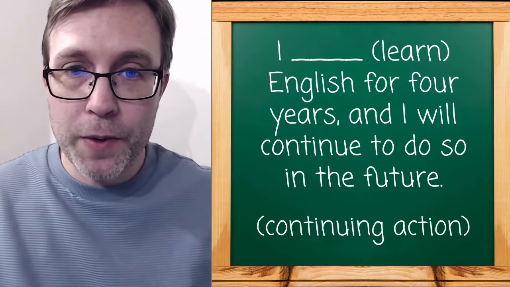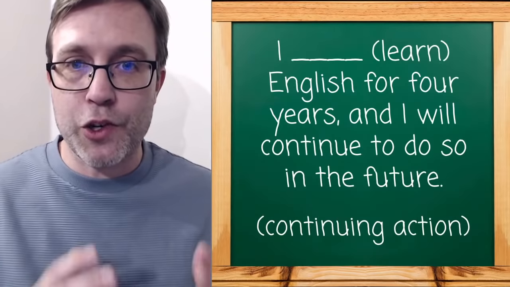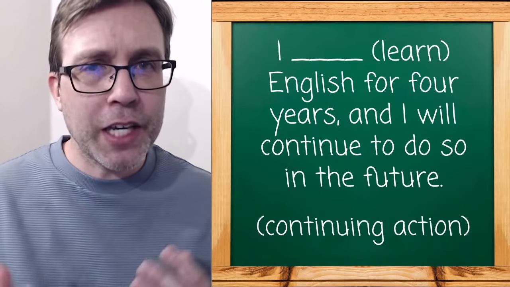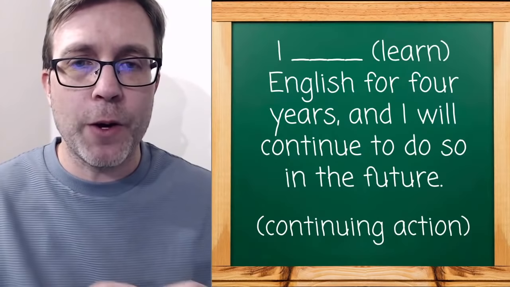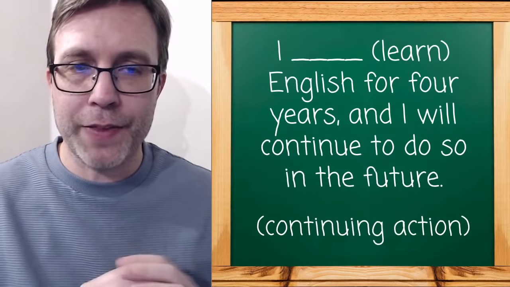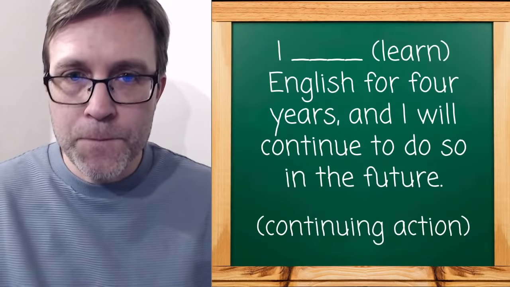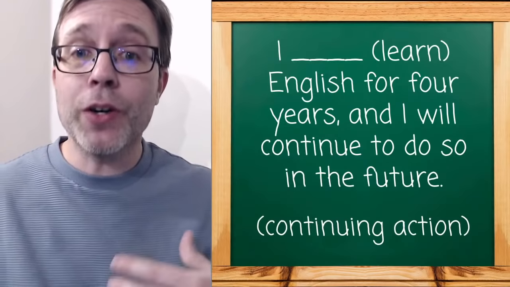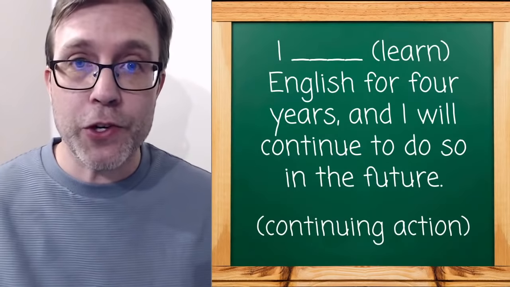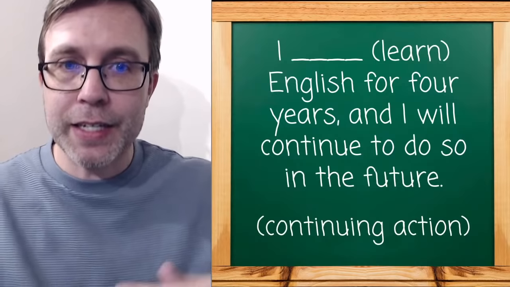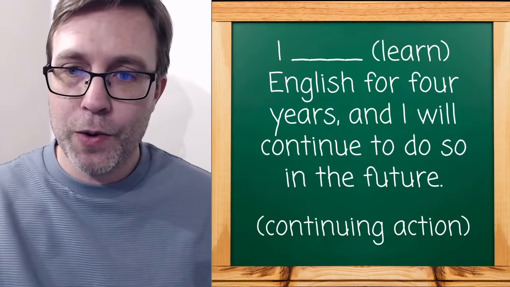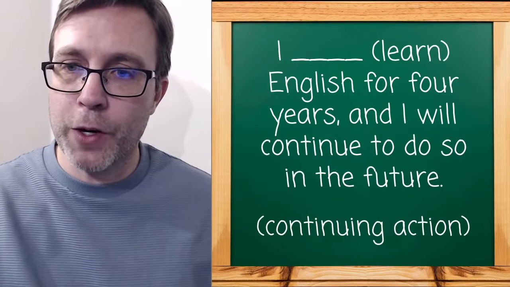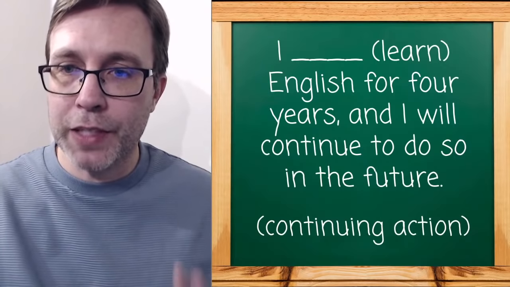Okay, so I think you understand the situation. Another key word there is for, F-O-R, the preposition, not the number. So I English for 4 years, and I will continue to do so in the future. So in this case, it's a continuing action. What do you think? What verb tense would best complete that sentence?